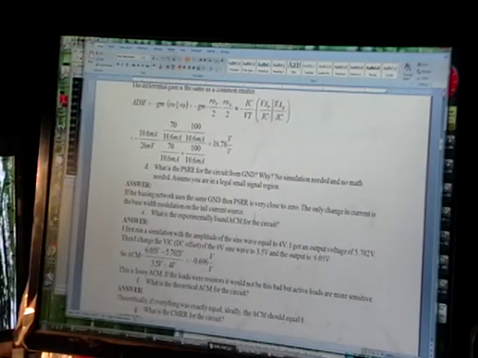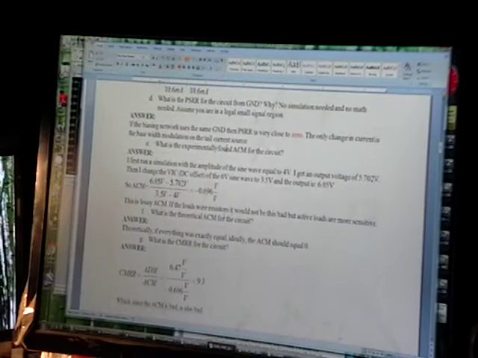As these two move together, this node works like a hinge, because this one doesn't care what its collector voltage is. So this can move up and down a little bit without really affecting that. So the power supply rejection ratio should be really high. I'll fix that before I post this. Let's put that in red. Okay.